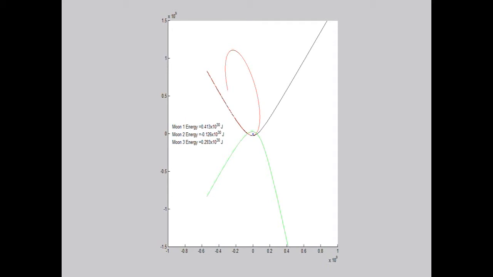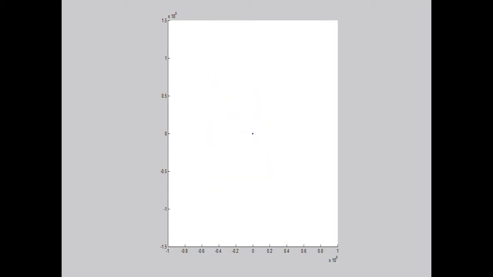Now, in orbital mechanics, the energy of a body when it's on an escape trajectory, in other words, when it's not orbiting a body but is instead moving away from it, on a path that moves away from it, the energy is positive. And you can see that in the beginning of this simulation, all three objects' energies are positive and very large because they're large bodies.